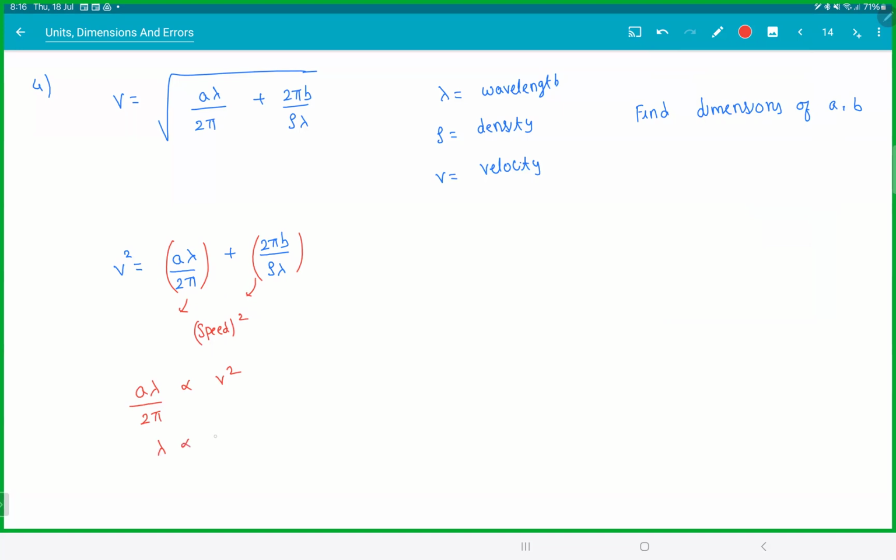So A will be v square by lambda. So the dimensions would be L square t minus 2 by L, L t minus 2, right?